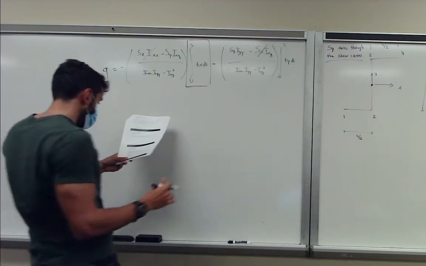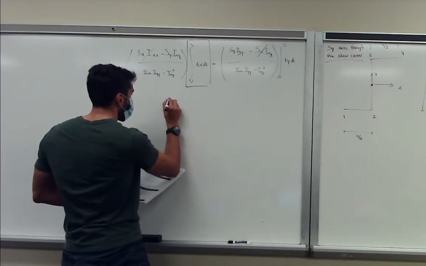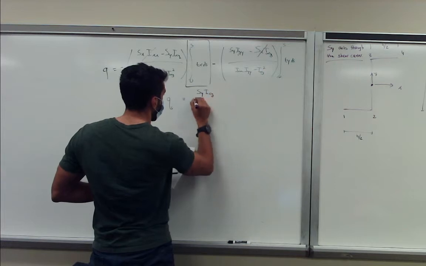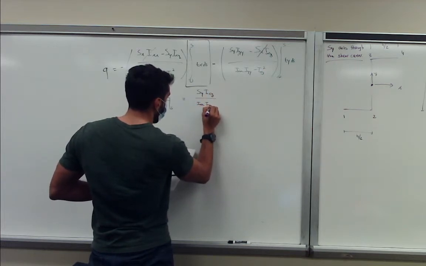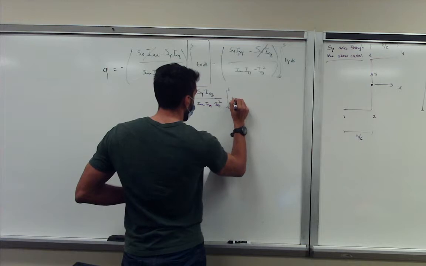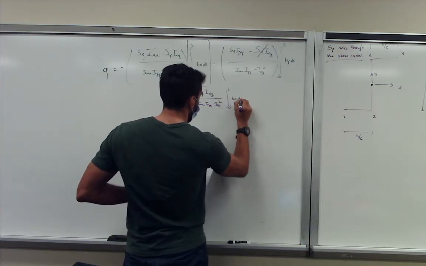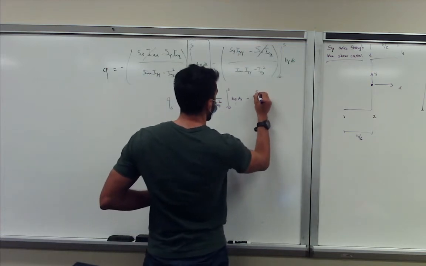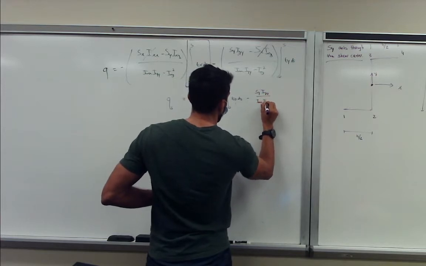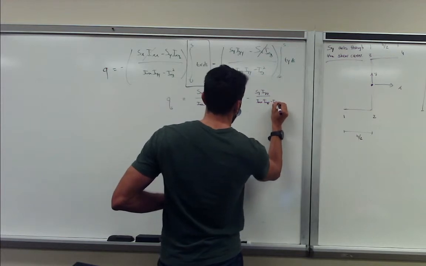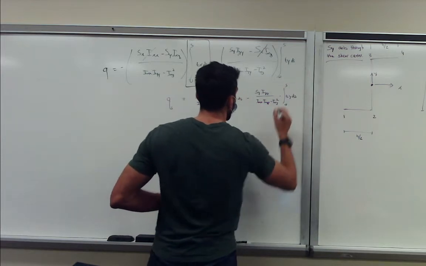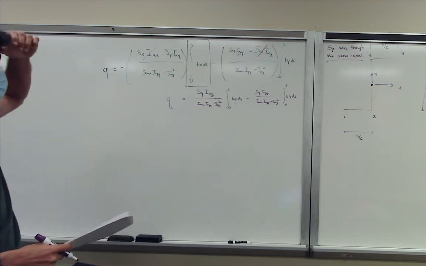So we can reduce it a bit, and what we get is that our shear flow Qs is equal to Sy Ixy over Ixx Iyy minus Ixy squared, times the integral from 0 to s of t x ds, minus Sy Iyy over Ixx Iyy minus Ixy squared, multiplied by the integral of t y ds, again from 0 to s. So this is the equation that we're going to solve.